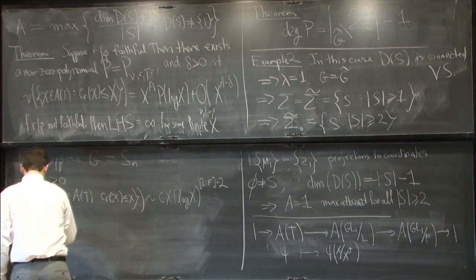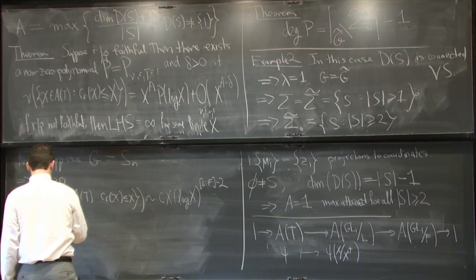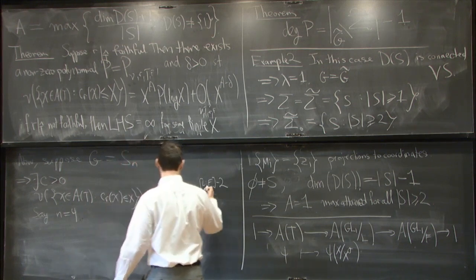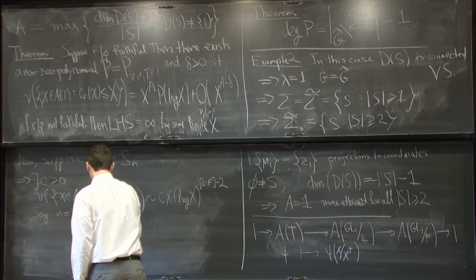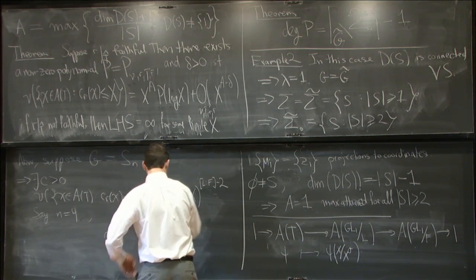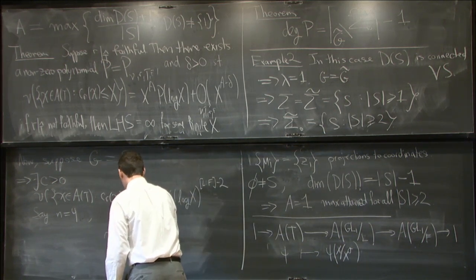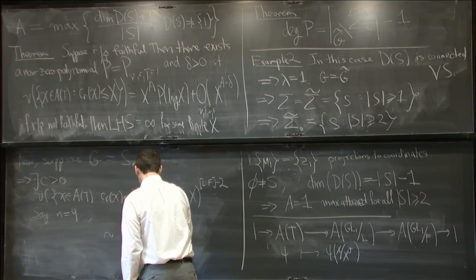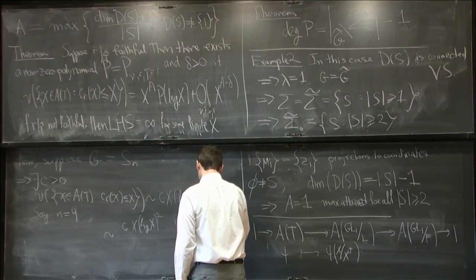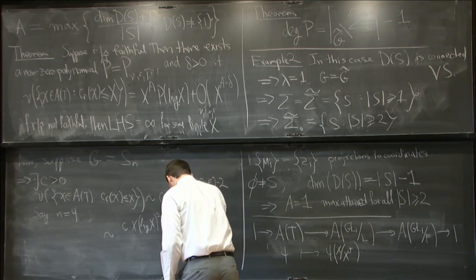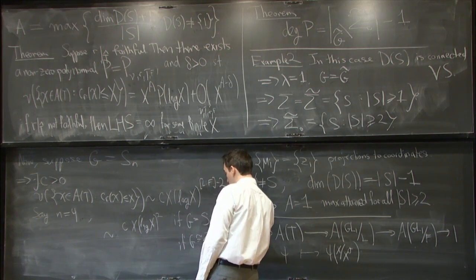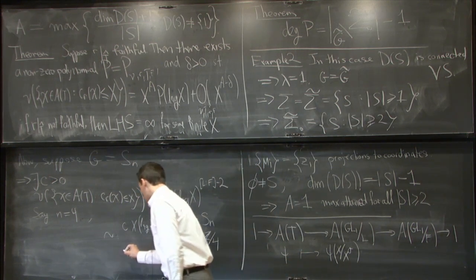So let's say we have n equal to 4. This is asymptotic to some constant times x log x squared if G is S_n. But for example, if I let G be cyclic, then I get some other constant.